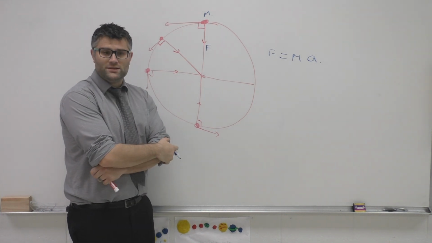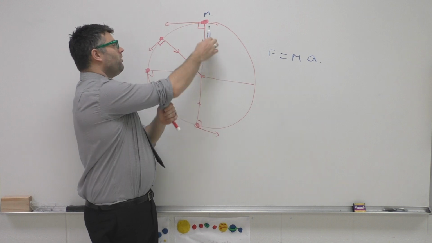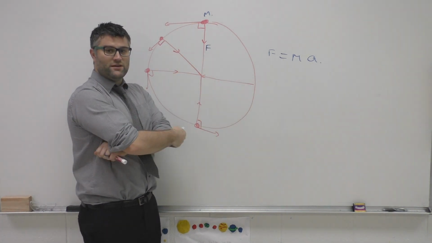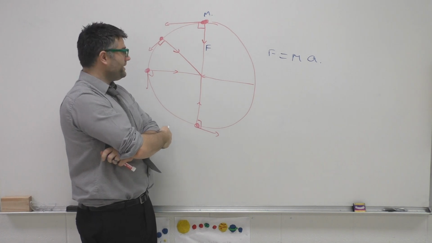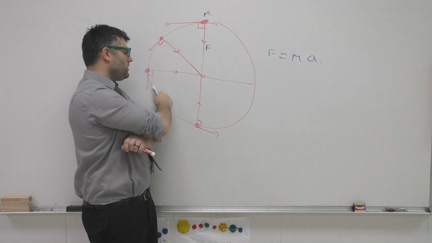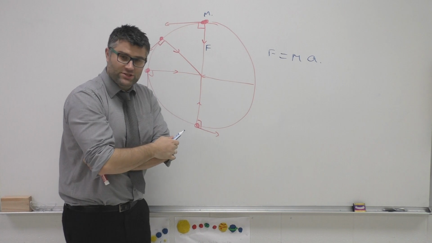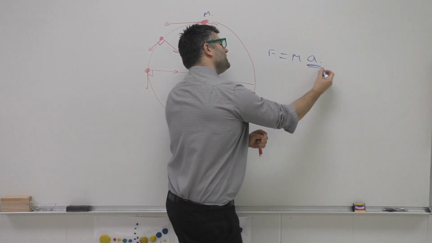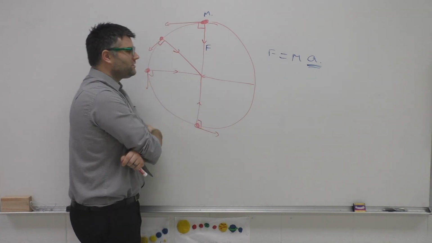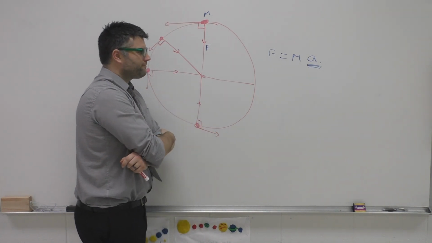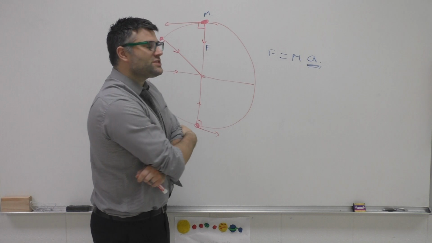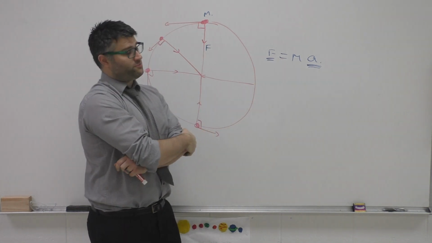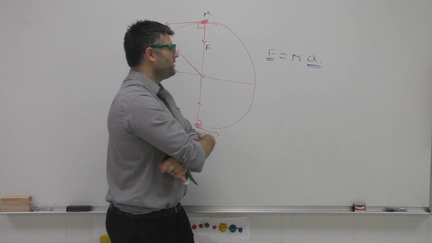Well, yes, it is. It is accelerating all the time. It's constantly changing its velocity, that would be linear velocity, because it's constantly changing direction. So we have a constant, what we call centripetal acceleration. And we have equations to help us work out centripetal force and centripetal acceleration.